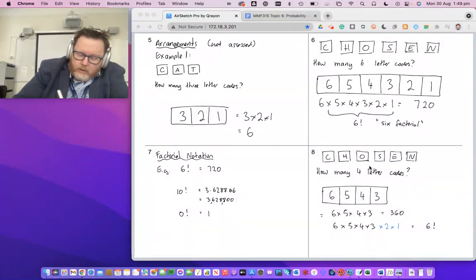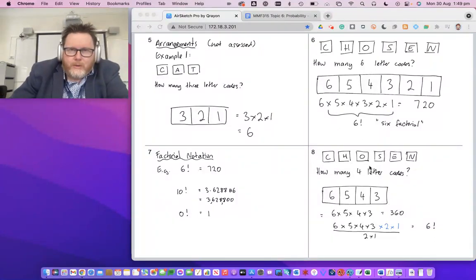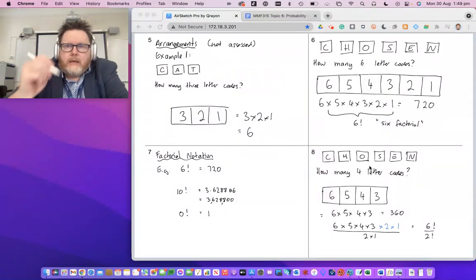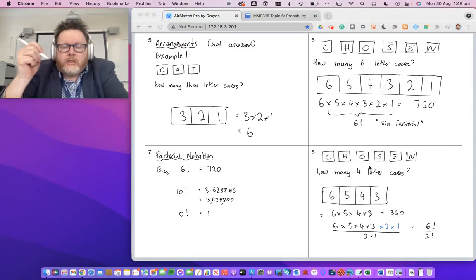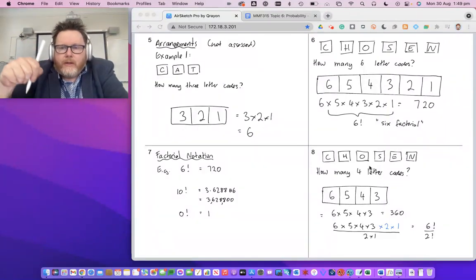So what I'm going to do is I am going to divide by 2 times 1. And what's 2 times 1 as a factorial? It's 2 factorial. So I can actually take a selection or a permutation down to a certain point by then dividing it by the rest of it, I suppose is the best way to look at it.